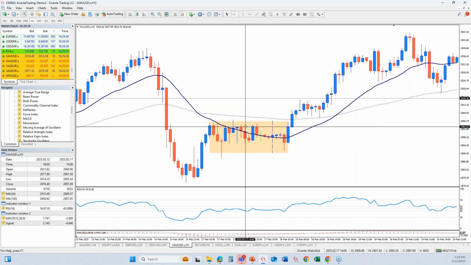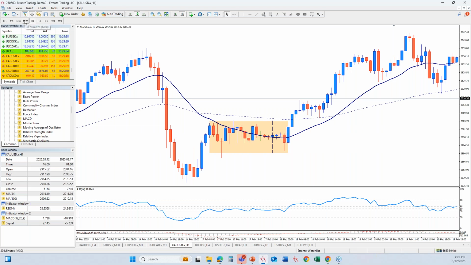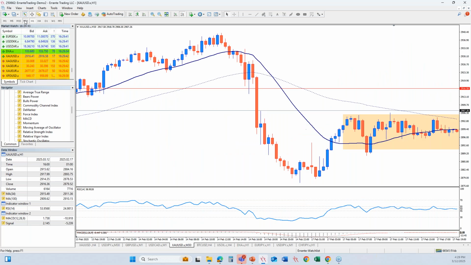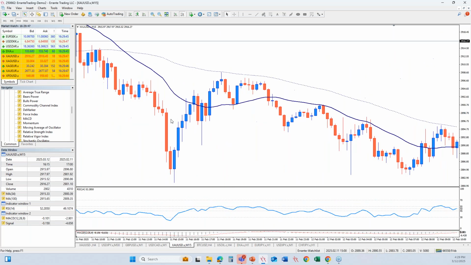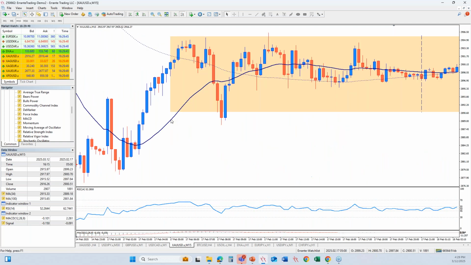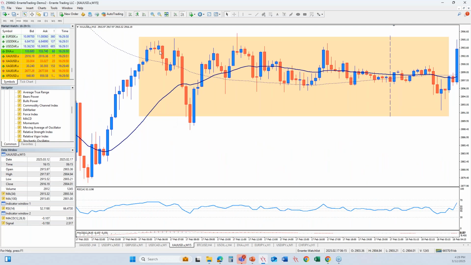So in that case, if you want to trade on a lower time frame, the first thing you need to keep in mind is not to have high expectation for this range market. You see, we are just hovering in a range.